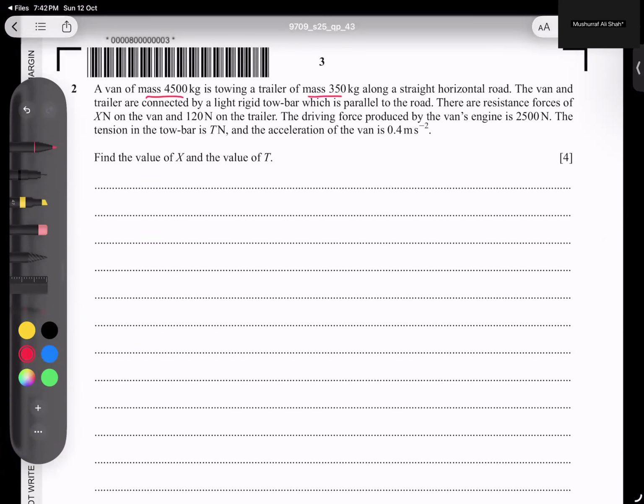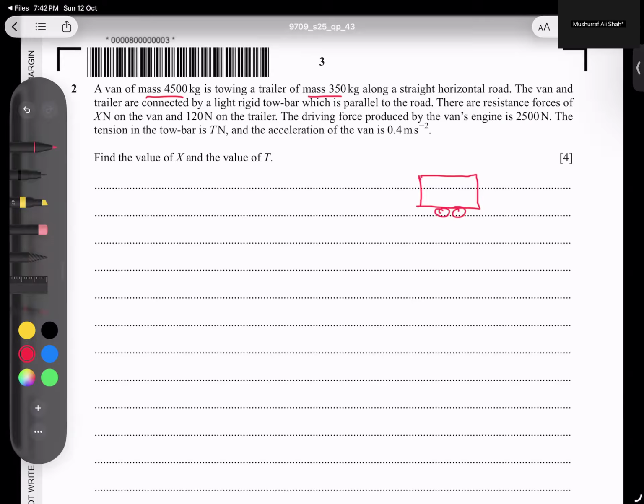So the driving force produced by the van engine is this much. Just look, students, I just made this diagram. Without a diagram, without writing the data, the question is not easy to do. This is the van, the engine working. What is the driving force produced?